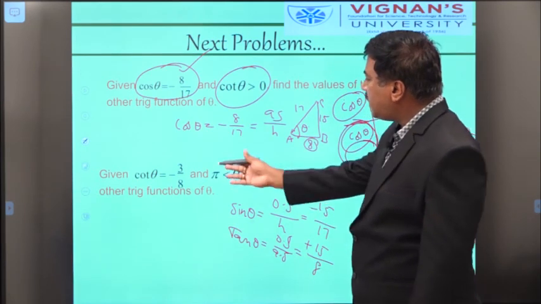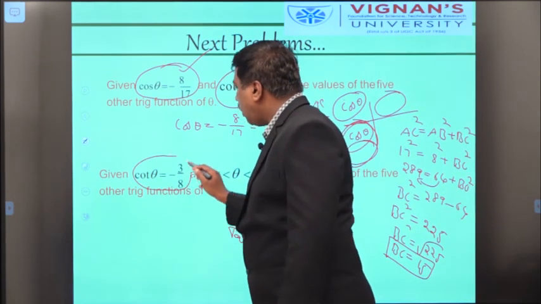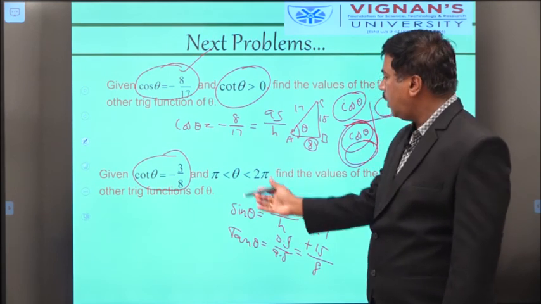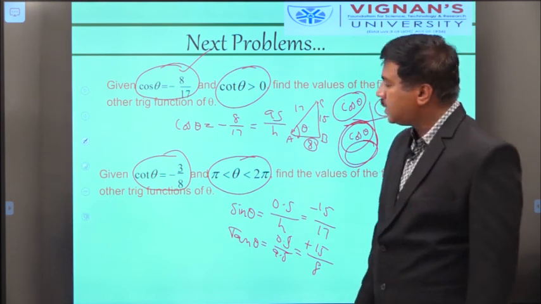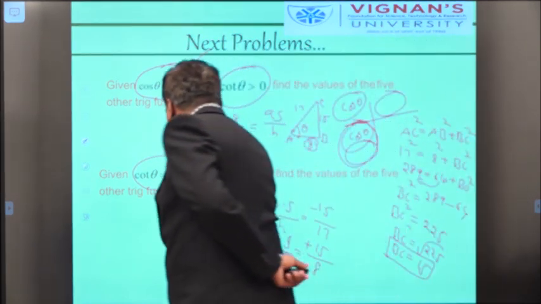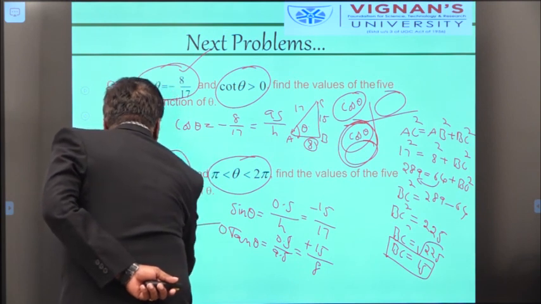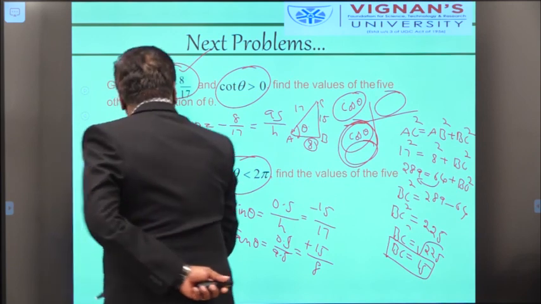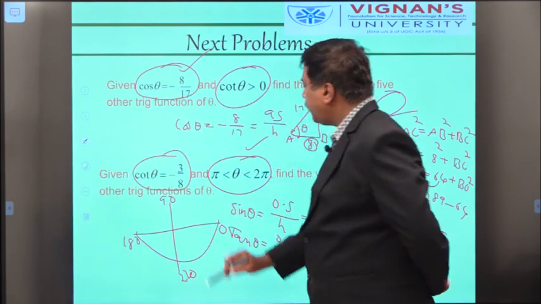Now, coming to the next example of this problem. Here, the second one is cot theta equal to minus 3 by 8. Again, theta lies between pi and 2 pi. That means this is 0, this is 90 degrees, this is 180 degrees, and this is 270 degrees. Here theta lies between 180 and 270 degrees.